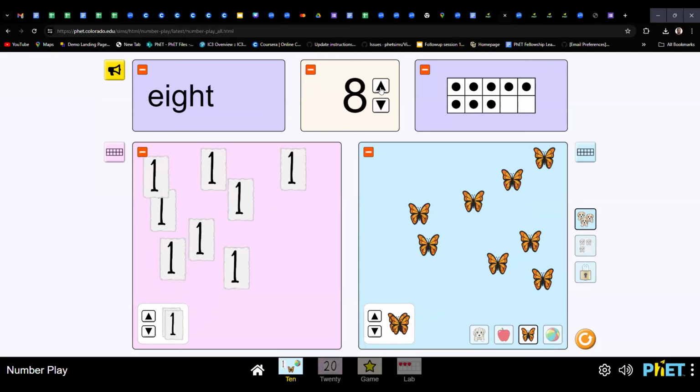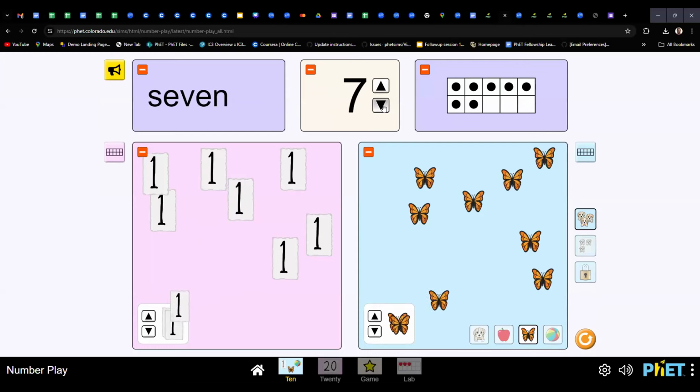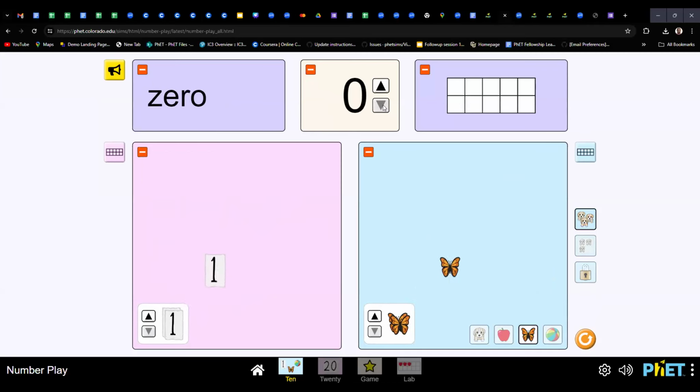Thank you so much. I hope we have seen what is happening. While playing with the simulation, what have you discovered? Before we move to the next, what have you discovered? I discovered that I can use this to put numbers up or put the butterflies up.